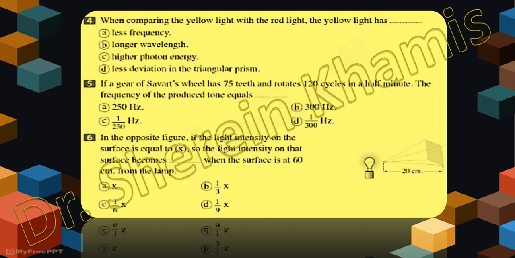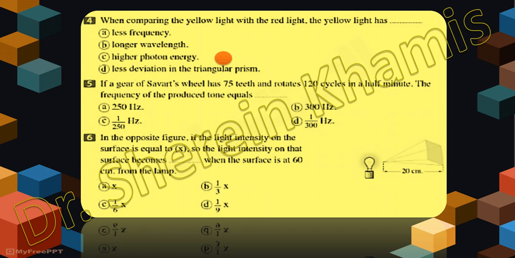But the yellow appears after red as it has higher photon energy than the red color. Red has less photon energy and less frequency and long wavelength, so it appears first. After it, yellow has high frequency, short wavelength, high photon energy, and higher deviation than the red one. Okay, let's go to question 5.